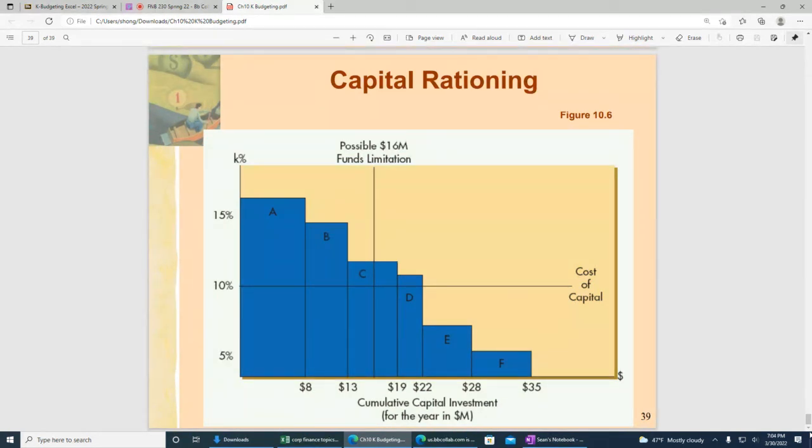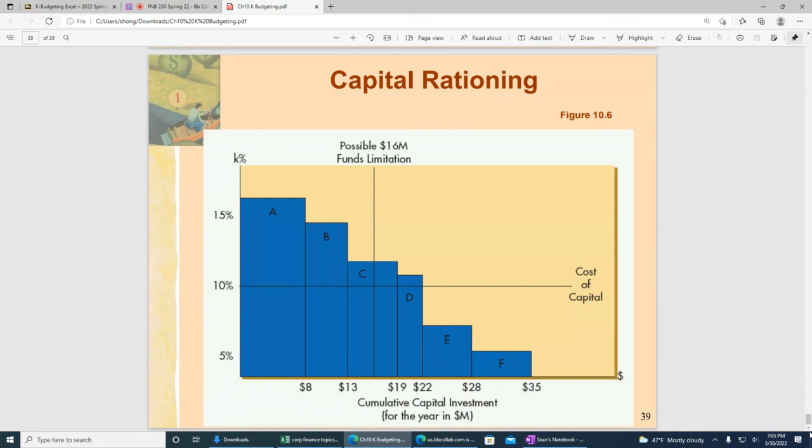Our budget is limited. And then we line up the projects in the order of internal rate of return and capital investment needed.